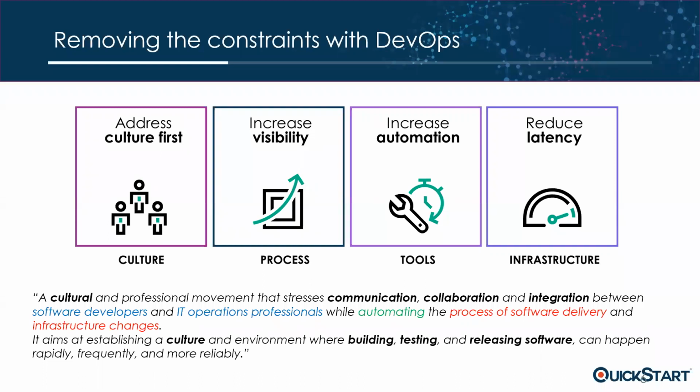Ansible will allow us not only to work with different tools, but to automate and configure other tools, and to link different environments in the infrastructure. So that will cover automation and reducing latency. So just consider this, right? DevOps is not only tools, it's culture, it's process, it's infrastructure, and certainly tools.